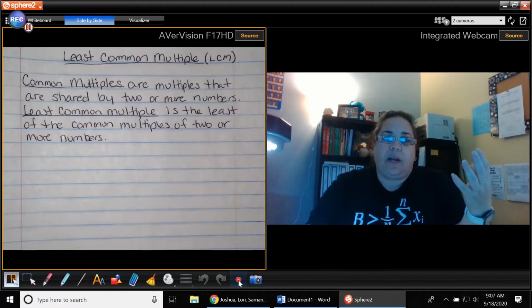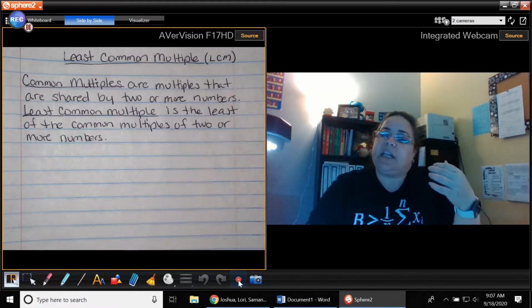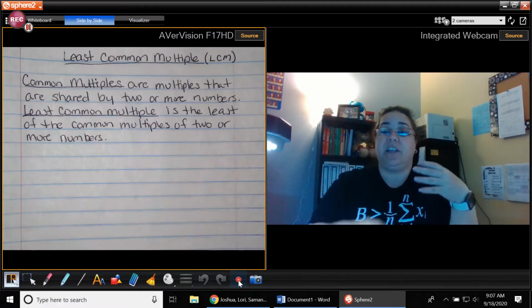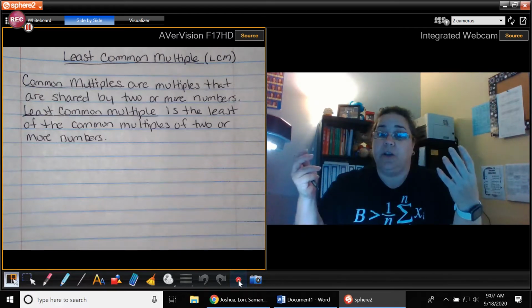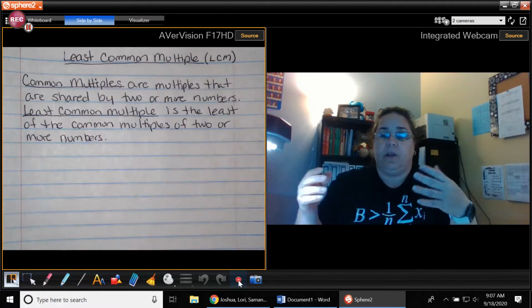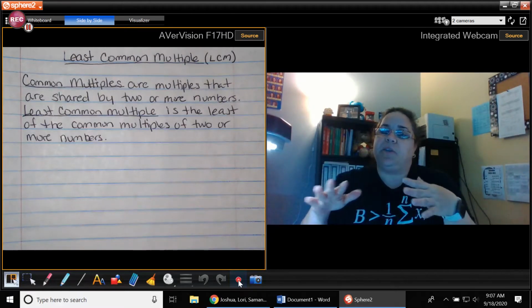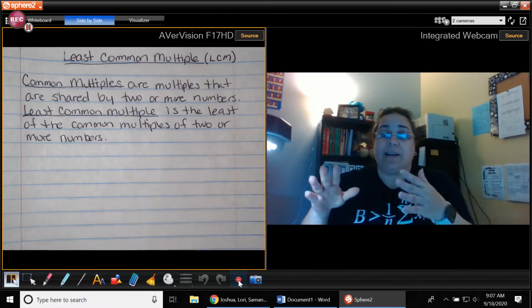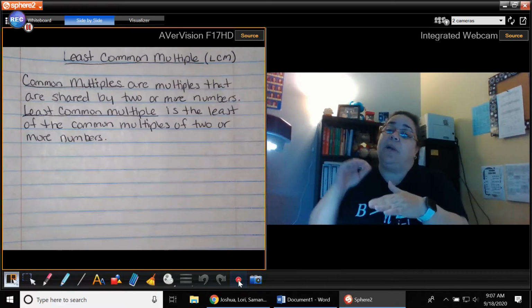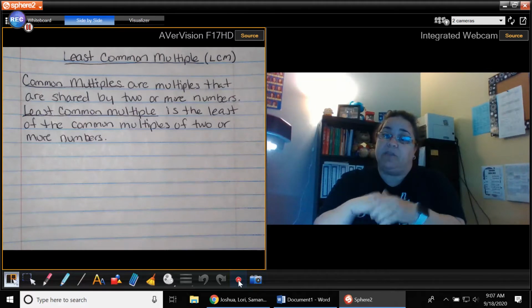So now what I would ask you to do is think about what's the difference between a multiple and a factor. They're very related to each other, but there's a difference. So a couple of ways you can think about it. First of all, factors are smaller than the starting number because factors go into, we can divide factors into our starting number.